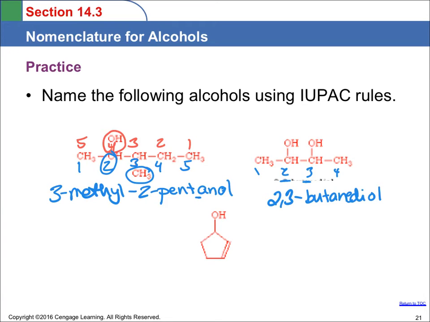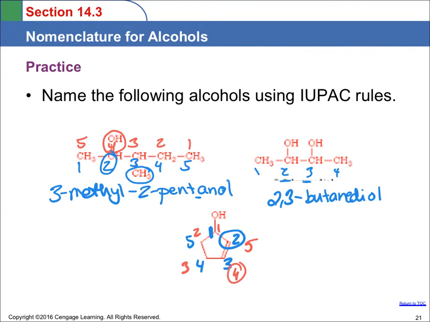This next example, we have a ring, and we have a double bond, and the alcohol group. So the alcohol group gets precedence, so it's going to be number 1. If I number clockwise, it puts the double bond on number 2. If I number counterclockwise, it puts the double bond on number 4. So blue wins.